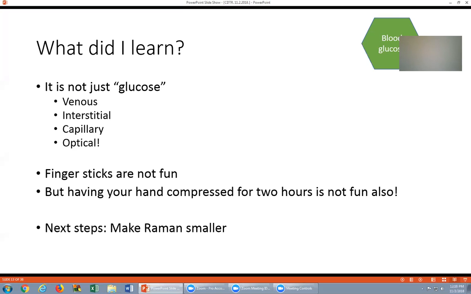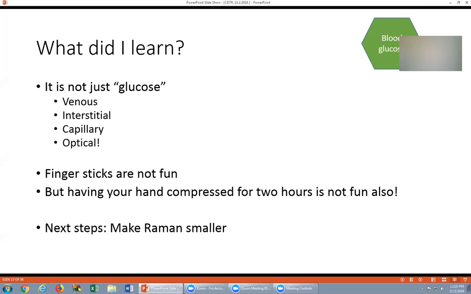So with this small project, that was one of the first ones I did related to diabetes, what did I learn? The first thing was, it's surprising that me as an endocrinologist, I actually knew that there was a difference between venous and interstitial and capillary glucose. I actually had to go and read about it, which just tells you that we think we know everything, but we don't.